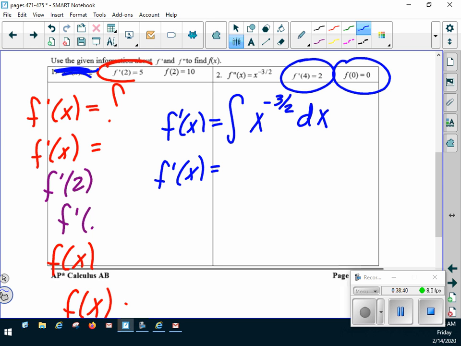X to the negative 1/2, the original coefficient divided by the new exponent. Remember, it's the original coefficient divided by the new exponent. So 1 divided by negative 1/2 would be negative 2.